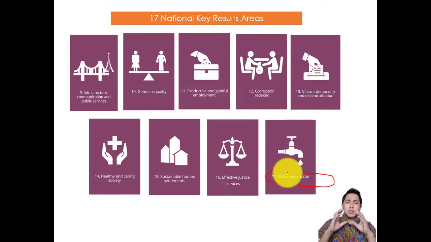So the sustainable development goal of UN is dealing with the goal number 6 on water, that's clean water, and the national key result area of the 5-year plan of Bhutan, specifically the NKRA 17, is looking at the sustainable water. So just look at that one.